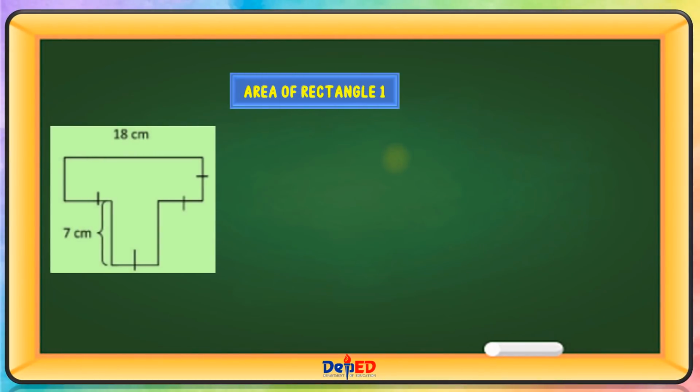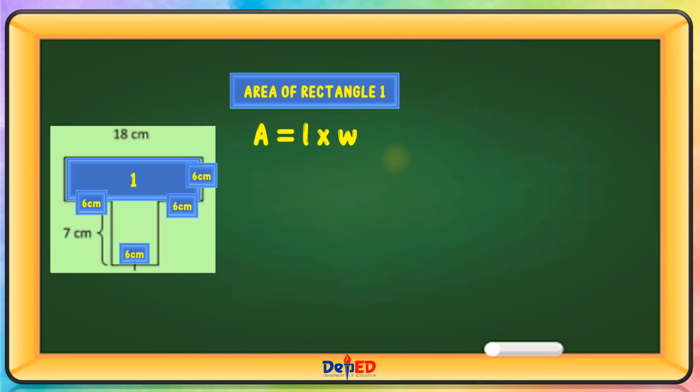Area of rectangle 1. Hatiin natin ang 18 cm, kaya magkakaroon tayo ng 6 cm. Ang ating formula ay length times width ng rectangle 1. 18 cm times 6 cm equals 108 cm squared.